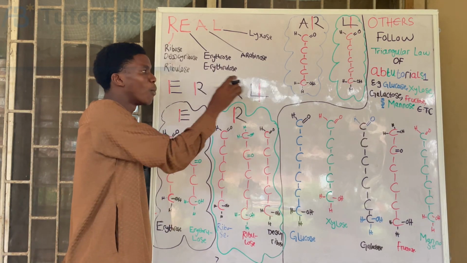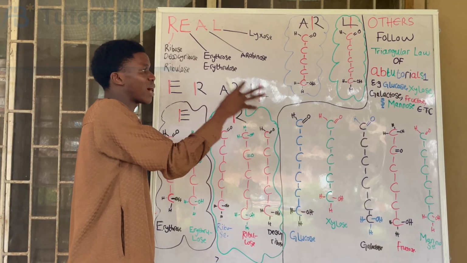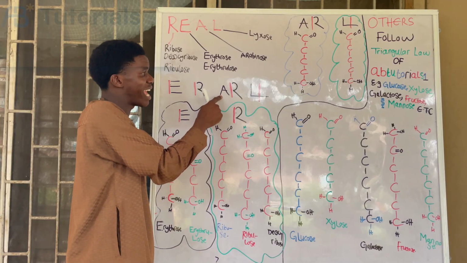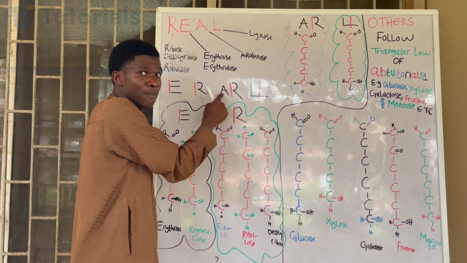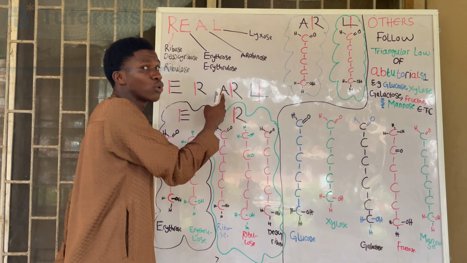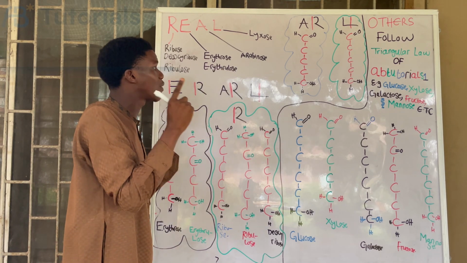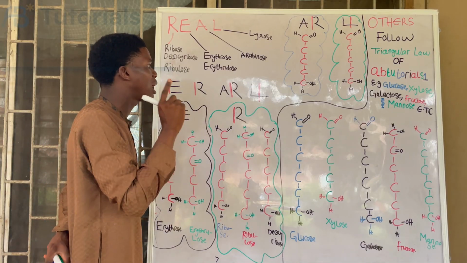It means that most of the OH, that is hydroxyl, will be on the right hand side, and just a single hydroxyl, this is A, just one of the hydroxyl will be on the left hand side. And because A is also the first letter, it means that the hydroxyl on the left side will be on the first chiral carbon. I did not say first carbon. I said first chiral carbon.